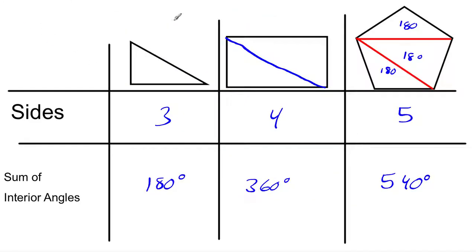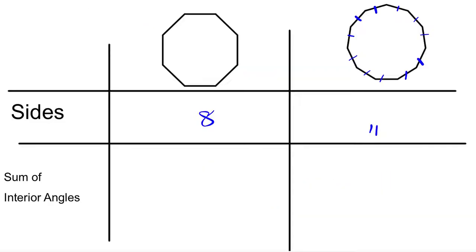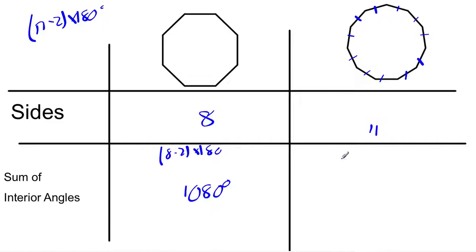So if I have 5 sides, 5 minus 2 is 3, and 3 times 180 is 540. If I have 8 sides, then I do 8 minus 2 times 180. And so that's going to be 6 times 180, which is going to be 1,080 degrees. For 11, it's 11 minus 2 times 180.